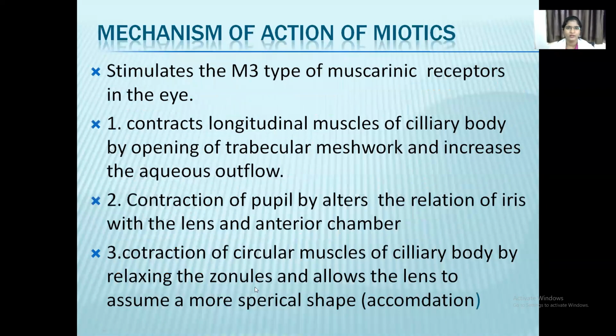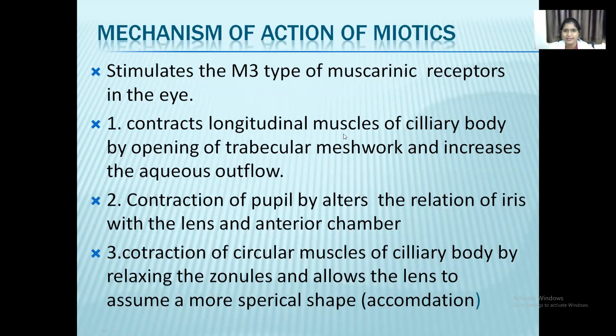Okay. So what is the mechanism of action of miotics? They stimulate M3 receptors. Miotic drugs are acetylcholine, carbachol, physostigmine, and pilocarpine. They stimulate M3 type of muscarinic receptors in the eye. How will they act?